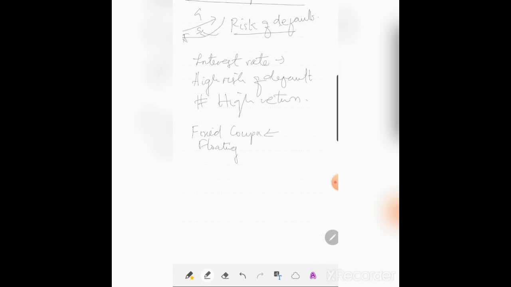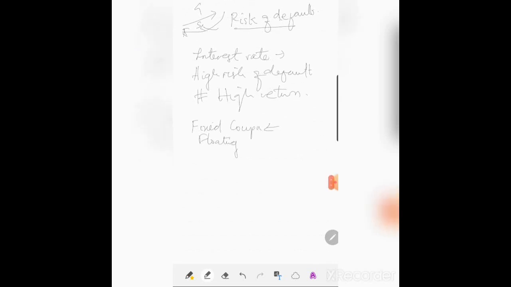In some cases the coupon may be fixed or floating. If the coupon is fixed, then the timing and amounts of the cash flows are fully certain.